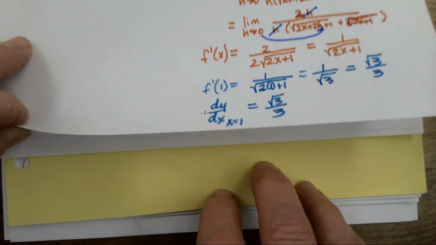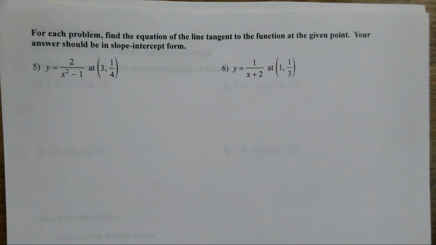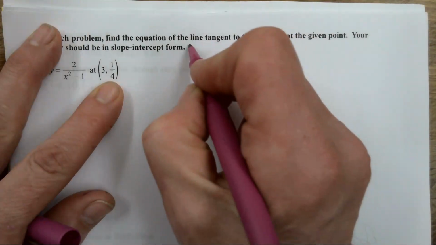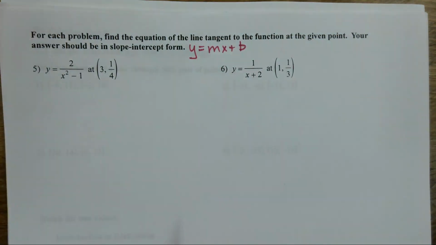All right, so next step, again, not a big step, but the next step is that we are going to be actually writing the equation of the line, and the equation of the line that they're interested in is slope-intercept form, which you guys have seen many, many times throughout your career in math. And slope-intercept form is y equals mx plus b. Look familiar?